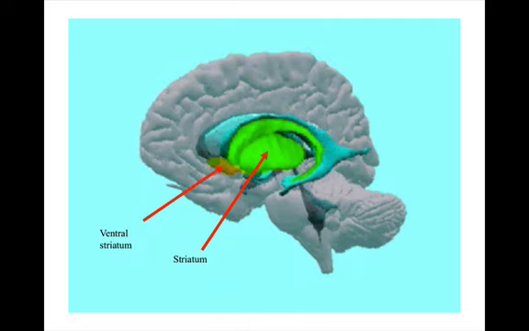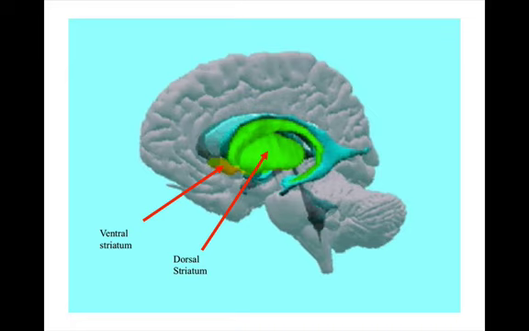Now, to confuse things a bit, there's another structure that has quite similar structures to the striatum, but a few differences. This part is called the ventral striatum because it's under the main striatum, and in this picture it's coloured yellow. If we use the term ventral striatum, we tend to call the main striatum the dorsal striatum.